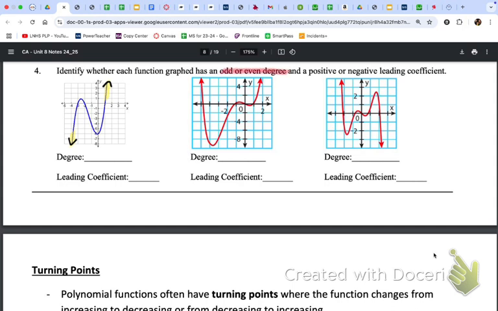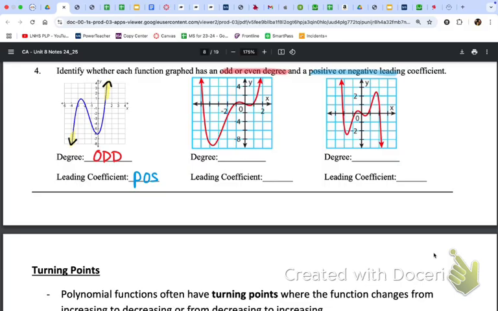I'm not asking for the specific degree, but would it be even or odd since they're going opposite? Odd. Odd is opposite. So we know for sure it's odd because it's going opposite. And the leading coefficient. Yeah, you look at the right side of the graph. Since it's going up, then we would know it's going to be positive. Odd, positive.